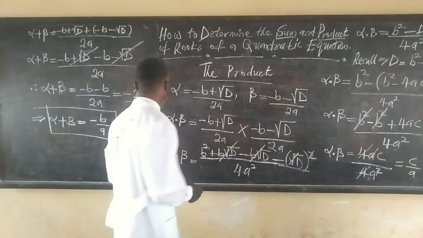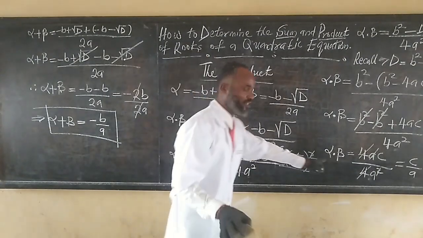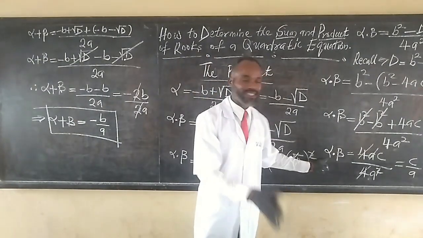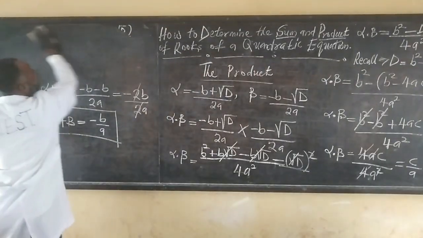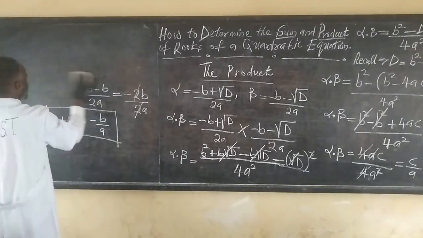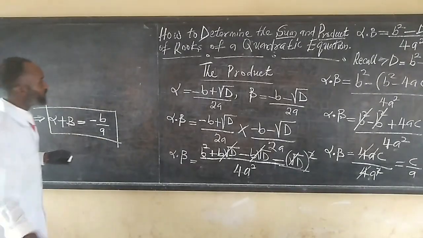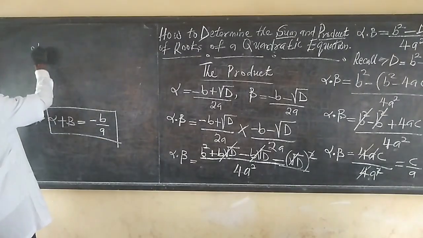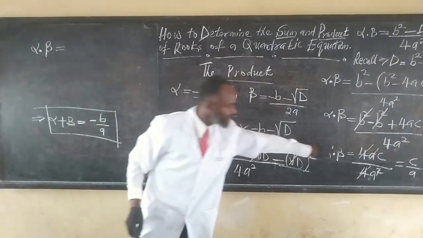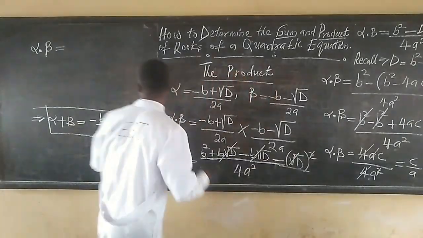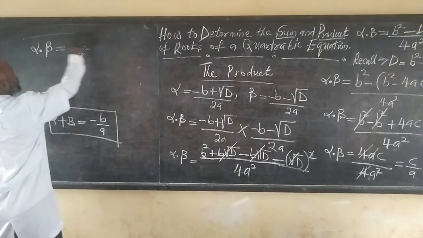It now means we have successfully found the product of roots of a quadratic equation. We can clearly state at this point that the product of roots of a quadratic equation is alpha dot beta equal to c over a.